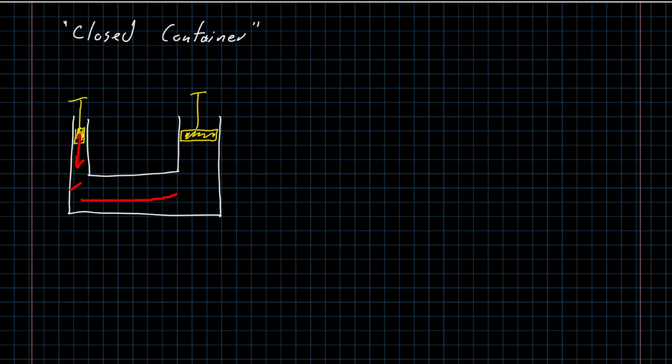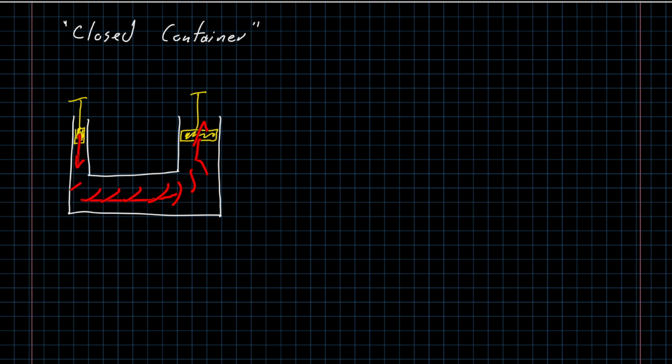I'm going to push this piston down. It's going to cause the water, the fluid, to ripple across. Remember, we're thinking about an incompressible fluid, so it has nowhere it can go except to push this piston upward.